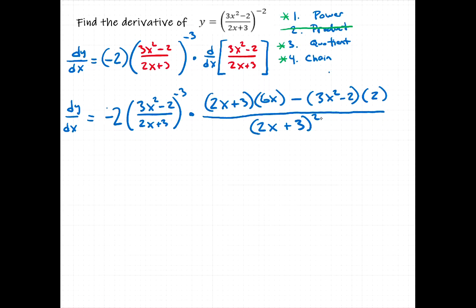Okay, so let's see what we could do here. I'm going to take this exponent and split it up between the numerator and the denominator. So we'll say negative 2 times 3x squared minus 2 to the negative third power over 2x plus 3 to the negative third power.